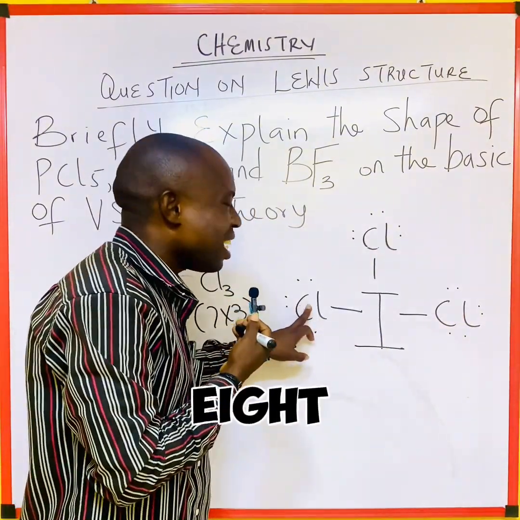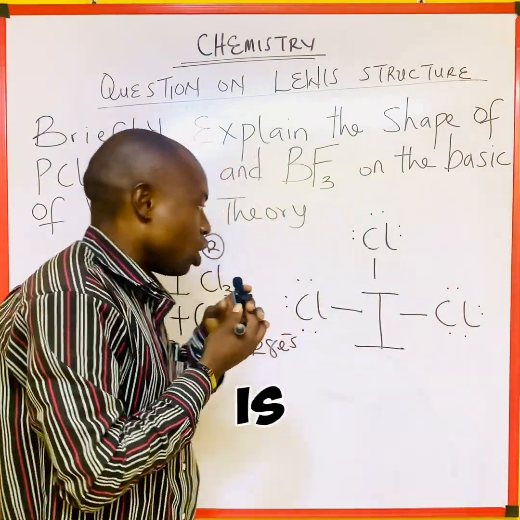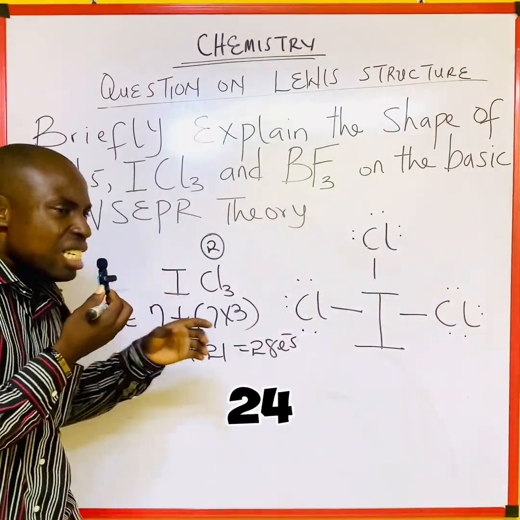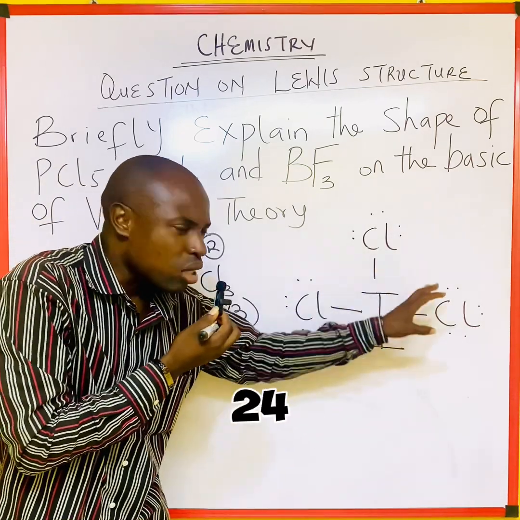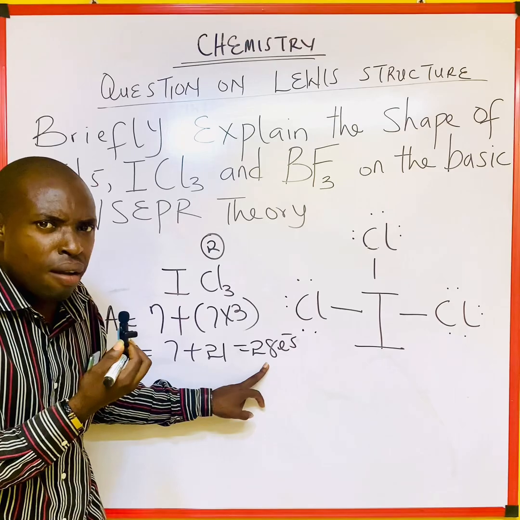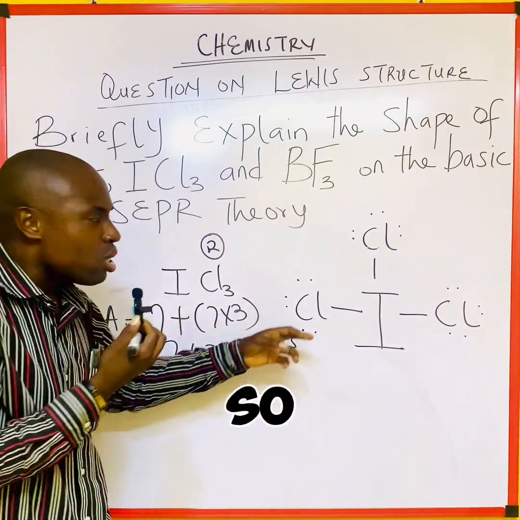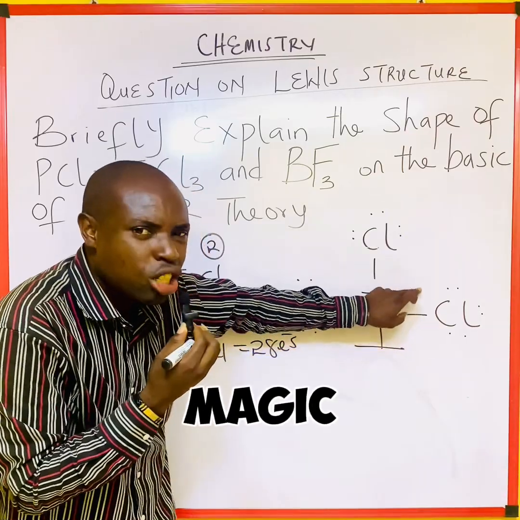Always do it like this. 8 times 3 is 24. Is that 24 up to the magic number? No, because at the end of the day, whatever you are doing must be equal to the magic number. So it is not up to the magic number.